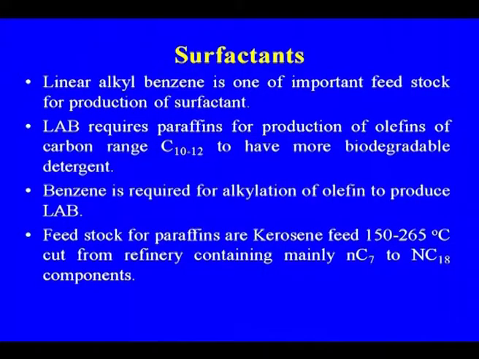For that, linear alkyl benzene played a very important role, because benzene and the paraffin for making the olefin were available from the refinery. So, LAB requires the production of olefins in the carbon range C10 to C12 to have a more biodegradable detergent. Benzene is required for alkylation of the olefin to produce LAB.